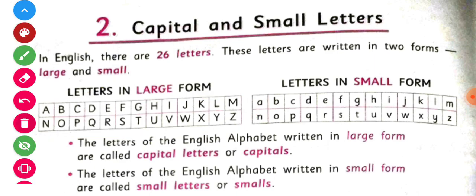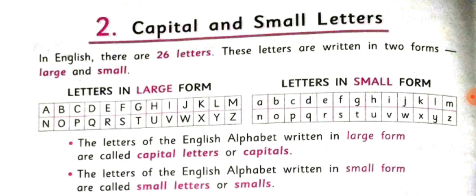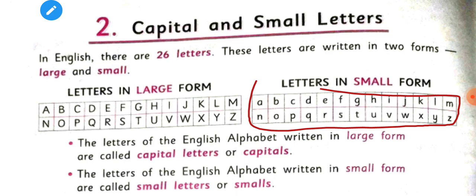And in the next box, you can see that all the 26 letters are written in small form. So we can understand here all the 26 letters of the English alphabet can be written in two forms. First is large or capital form and the second is small form.